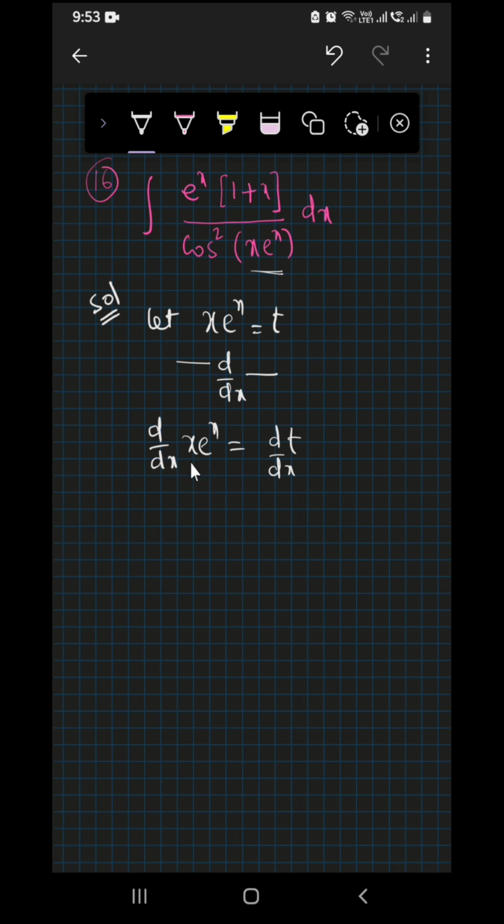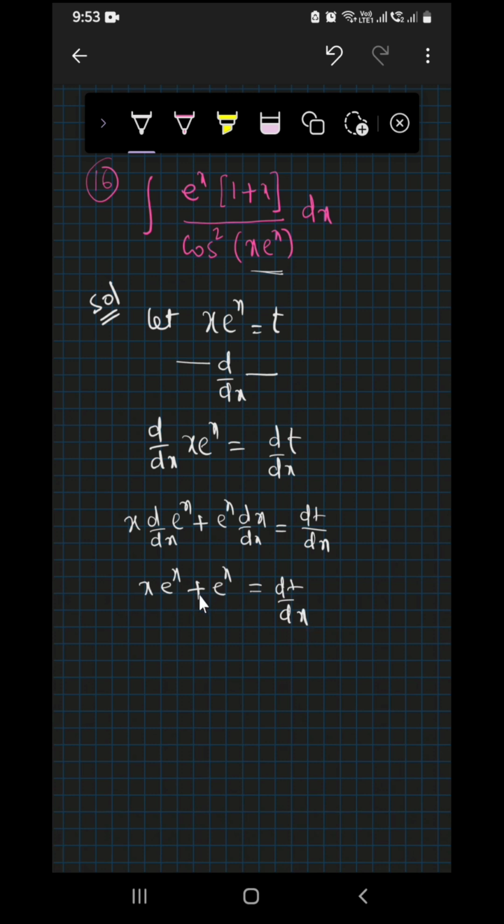So now here apply the u v method. So u v dash: x into d by dx of e power x plus e power x into d by dx of x is equal to dt by dx. So now x into d by dx of e power x plus e power x into d by dx of x, which is 1, is equal to dt by dx.